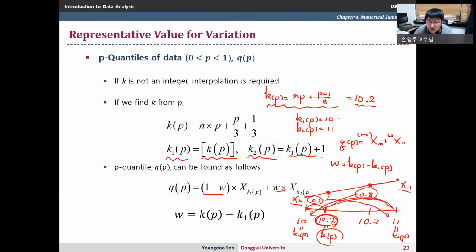So for 10.2, the value is 0.8 multiplied by x10 plus 0.2 multiplied by x11, because actually 10.2 can be defined as 0.8 multiplied by 10 plus 0.2 multiplied by 11. Okay.